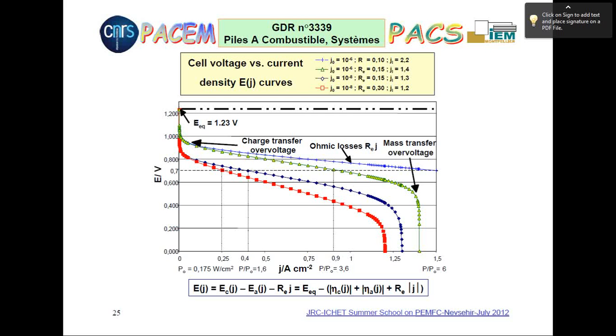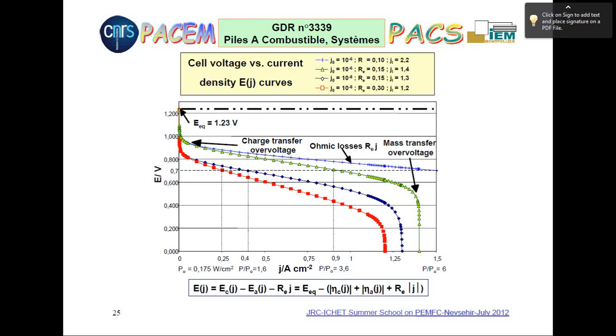There is a variation of the resistance, electrolyte or interface resistance, and you see if you divide by 2 the cell resistance in ohms per square meter times square meter per centimeter, in that case you have the blue curve, and at 0.7 volt, the current density is increasing from 0.25 to 0.4 amps per square centimeter.